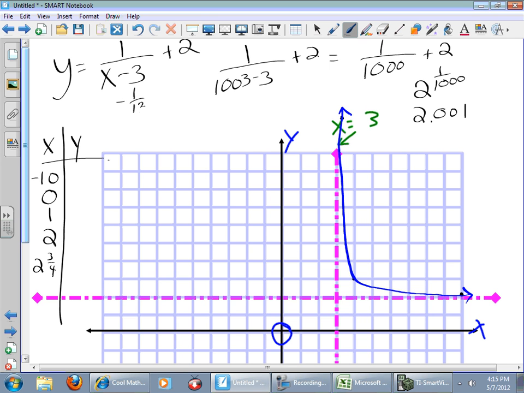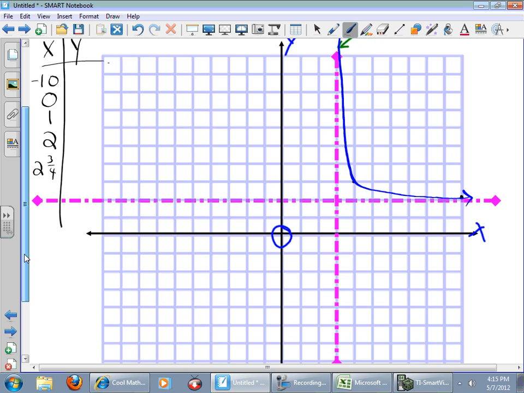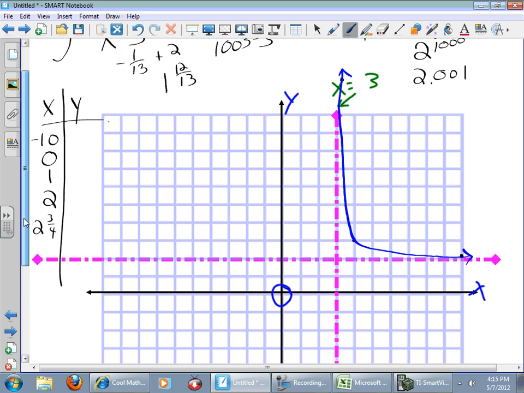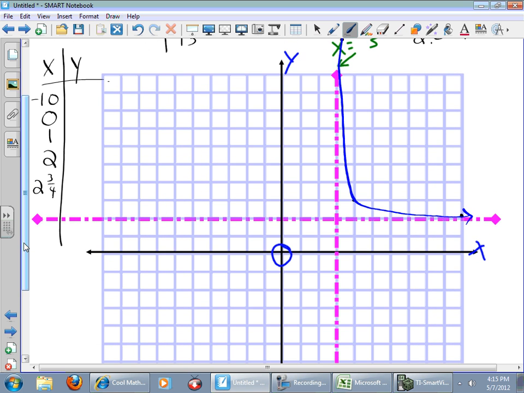Negative 1/13 plus 2. Well, if I take 1/13 away from 2, I'm left with 1 and 12/13. So when x is negative 10, way out here, I get 1 and 12/13, which is pretty darn close to 2, right?